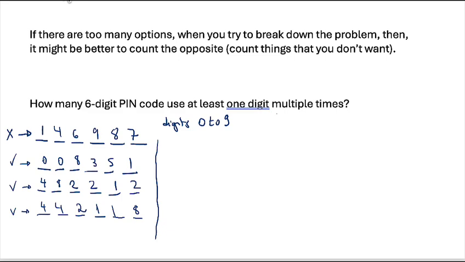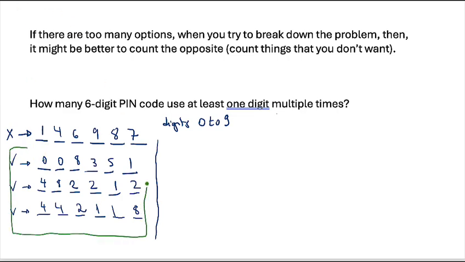Okay, so the thing is this: every other option other than the first one is what I want, right? So I want all of these options.